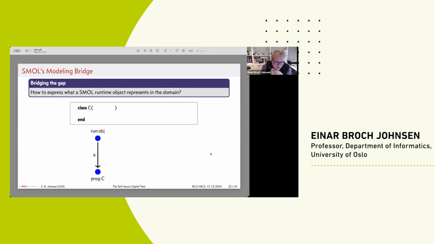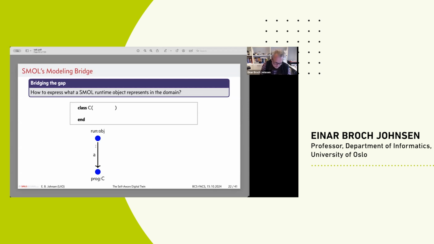And the way we're doing it is as follows. If we have an instance of some class C, it will be lifted into an object. This is a runtime value, an object in the runtime, and it is related, so it is an instance of a program class. So this is in the program, and this is in the runtime, and we have this relation between object and class.